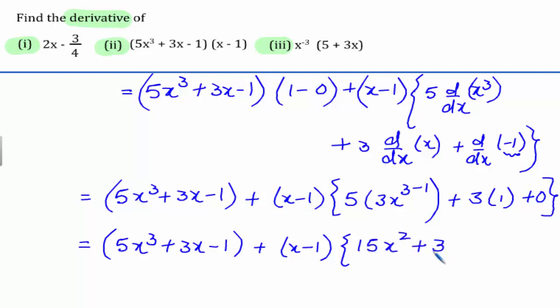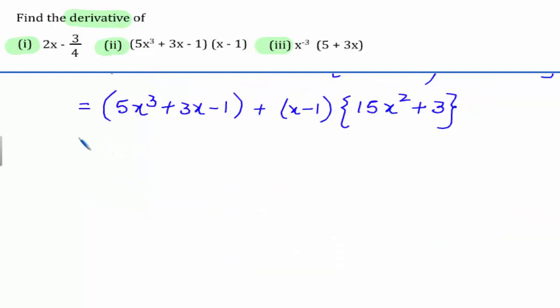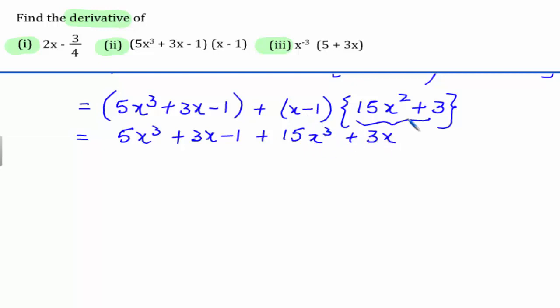Now this is further equal to 5x cube plus 3x minus 1 plus, now multiplying x with the terms inside the bracket, we get 15x cube plus 3x, now multiplying minus 1 with the terms inside the bracket, we get minus 15x square minus 3. Now this is equal to 5x cube plus 15x cube gives 20x cube, 3x plus 3x gives plus 6x, then we have minus 1 and minus 3, which is minus 4.